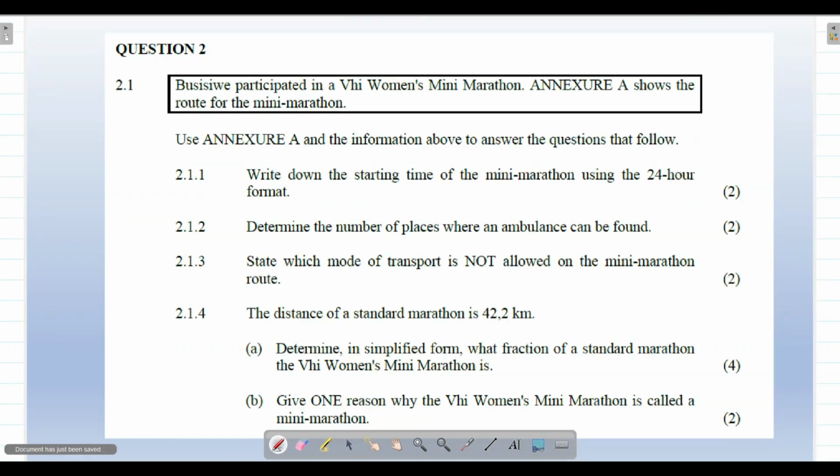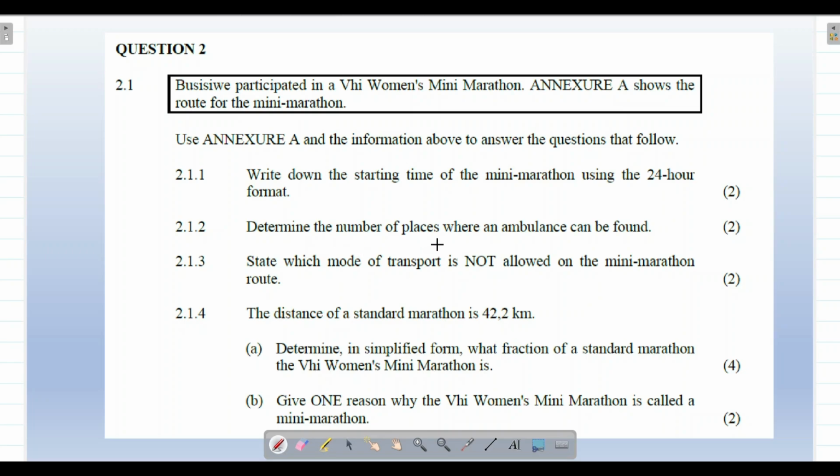Okay, so I'm going to write that down. So the starting time using the 24-hour format is 1400 hours. And for giving your answer like that, you will just get your 2 marks. Let us go to the next question.